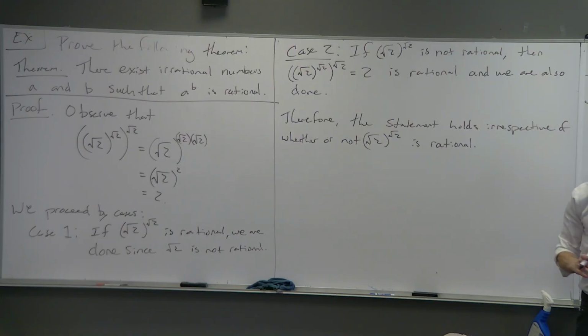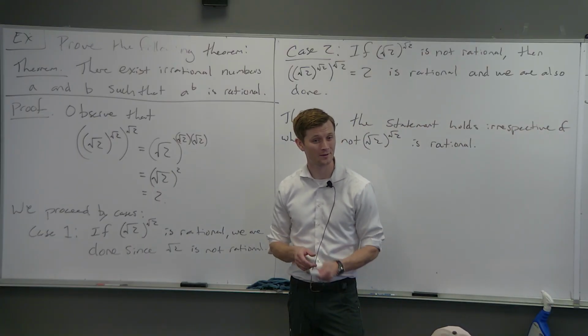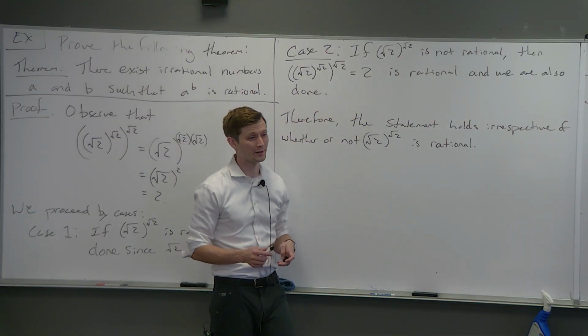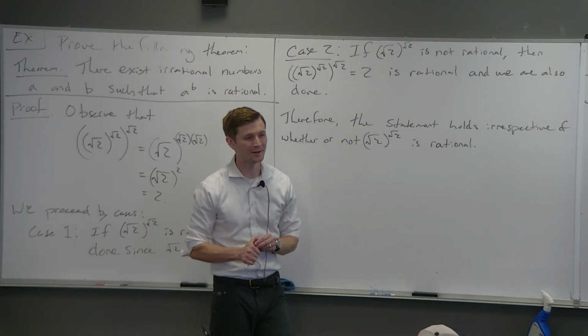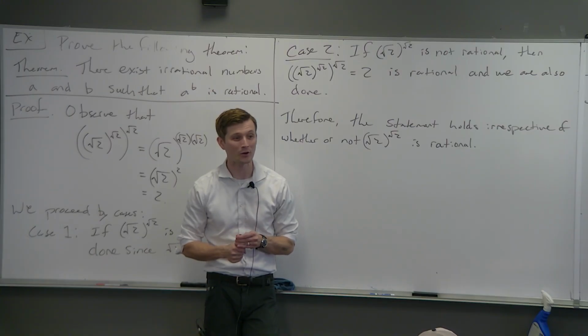Huh. Interesting. If it is rational, then bada boom, you're already done. If it isn't, well then bada boom, you're done. That's a weird one, right? It doesn't matter whether it is or isn't. You don't even need to know.